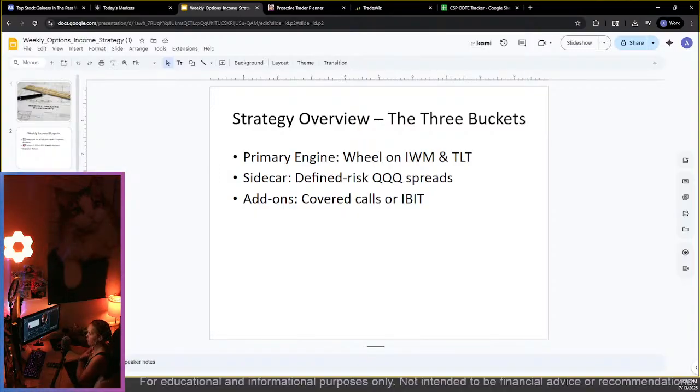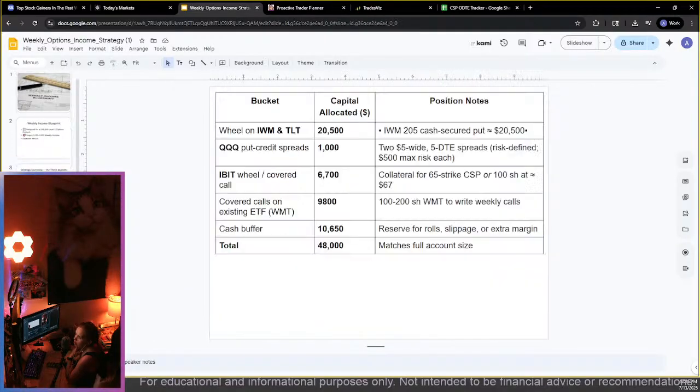Right now I have IBIT and Walmart. I could add, shoot, at that price, I could add another one in there. That could be like 200 shares of that Schwab dividend ETF. Add that to it. So I have to go back and have ChatGPT reanalyze the portfolio structure. But I think I might add that in there.